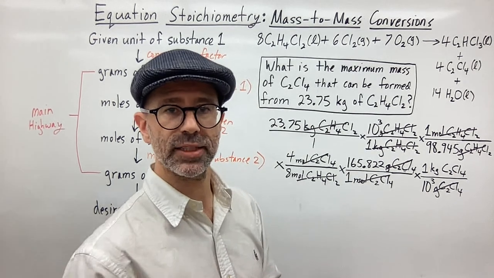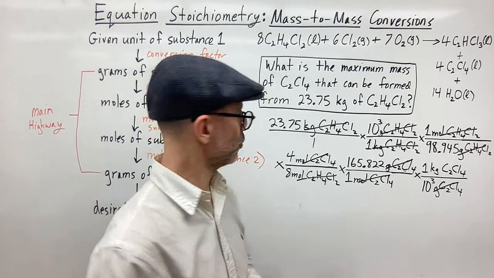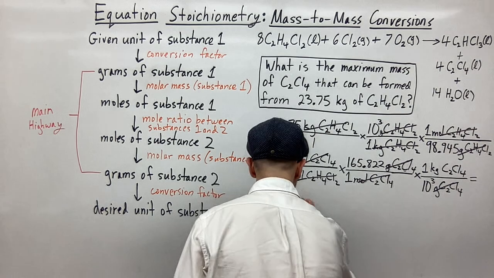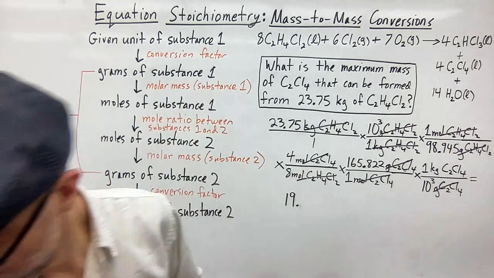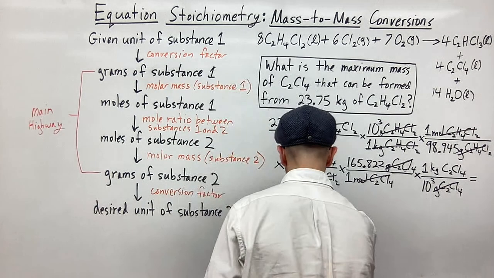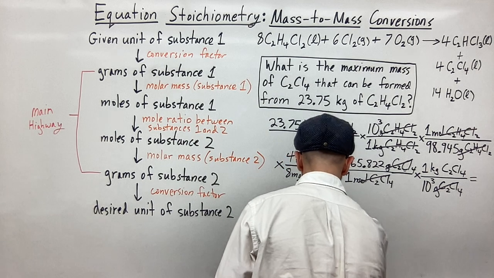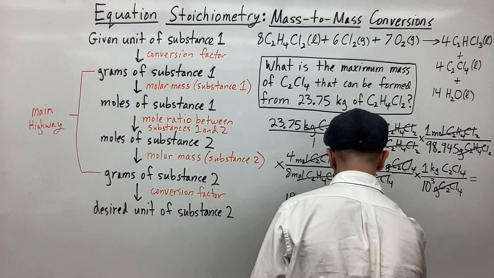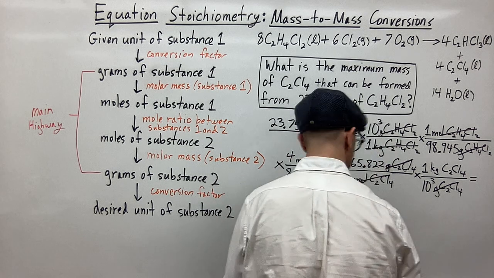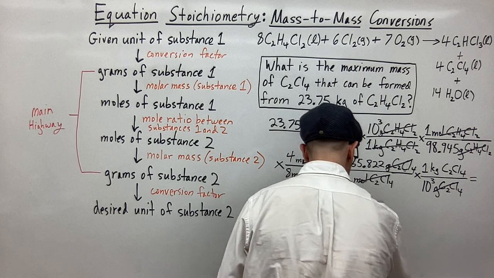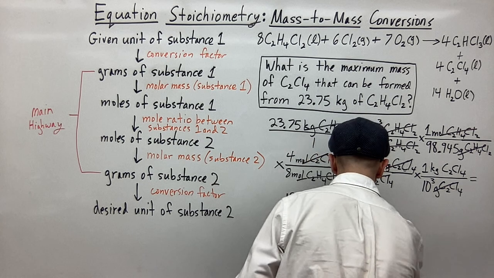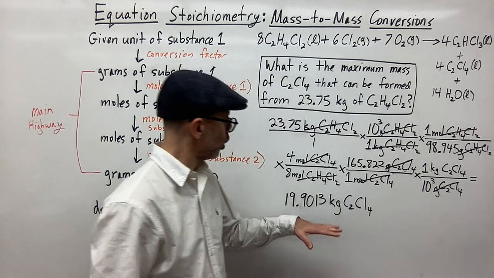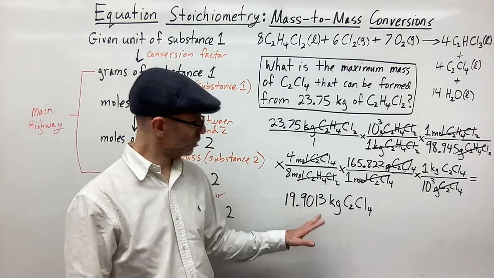I get 19.9013 kilograms of the C2Cl4. Okay, so that is the answer I got on my calculator. There's a few other digits. I didn't write those.